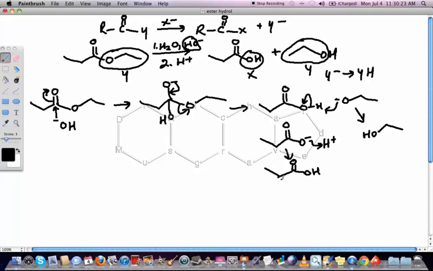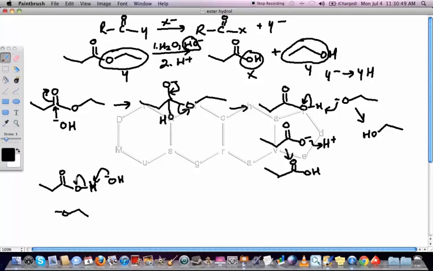Let me show you the other possibility that we can have here. Instead of having the O negative take the H here, we can have the OH here, and then we'll have the O negative down here. And instead of the O negative taking the hydrogen, we can actually have the OH negative from the solution take the hydrogen.